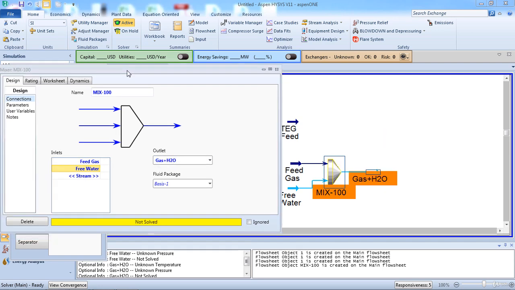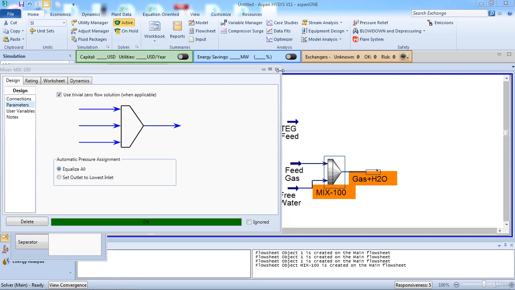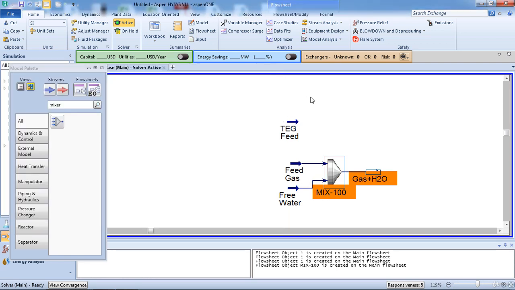Now this stream is not solved because it does not have a pressure, but we will ask the mixer to equalize pressures, so now they are both solved. Then we can add a separator just to remove the excess water and to make sure that the gas is saturated.